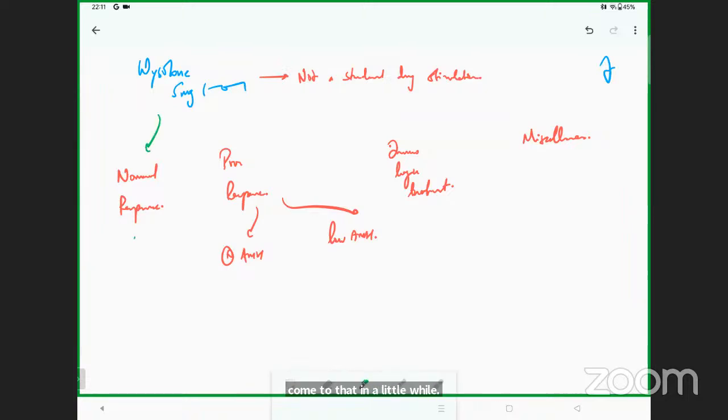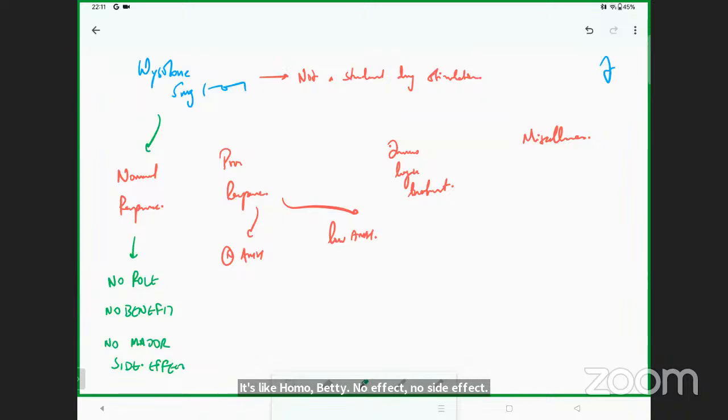In normal response, remember, it has got no role, no benefit, no major side effect. It's like homeopathy. No effect, no side effect. Placebo, no role in a normal response to a natural cycle stimulation.